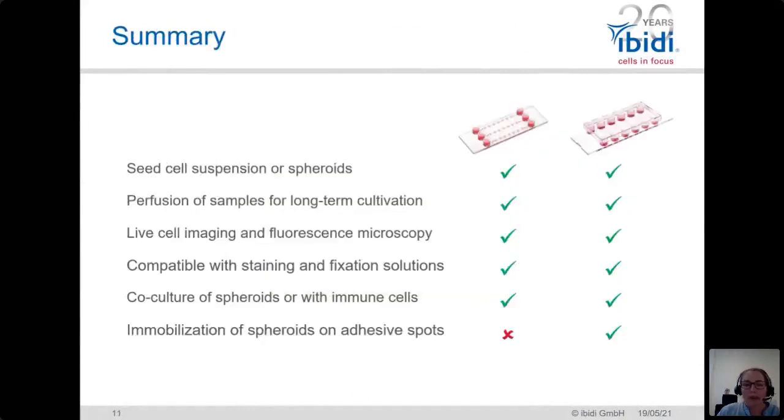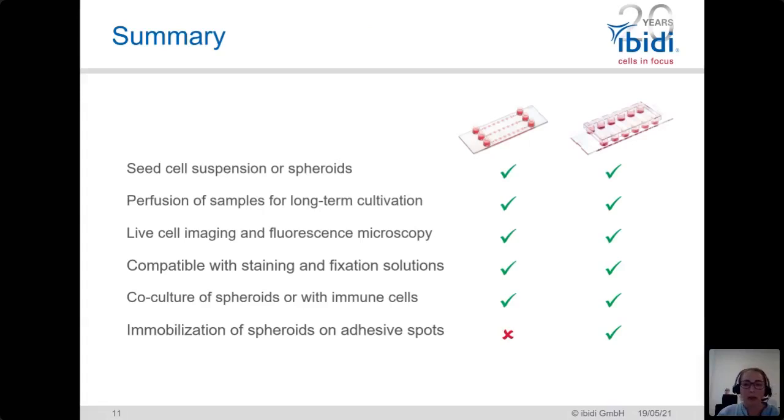To summarize, we think we now have two new tools which allow the parallel cultivation and real-time imaging of spheroids. Both the spheroid perfusion slide and the micropatterning slides allow long-term cultivation of spheroids with perfusion.